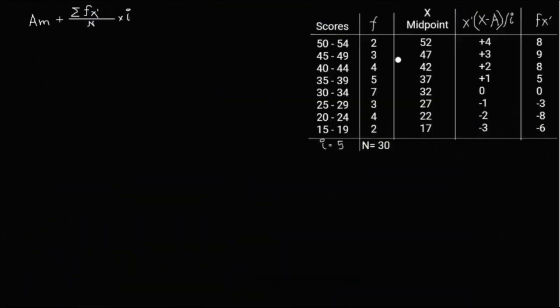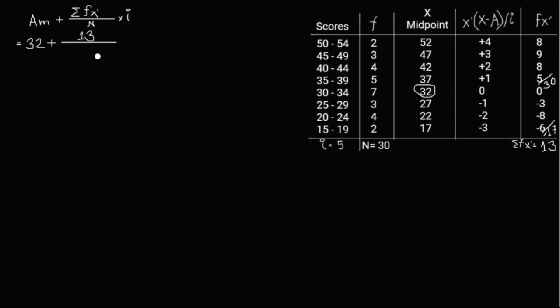Then AM is 32, and let's calculate summation fx: 8, 9, 17 and 30, and below it is 17. So 30 minus 17 is 13.